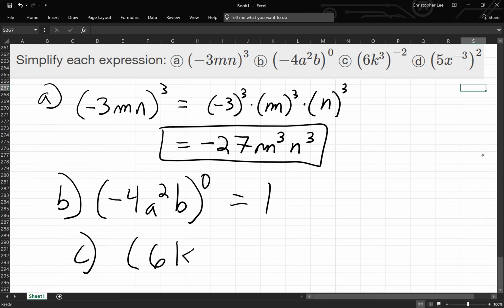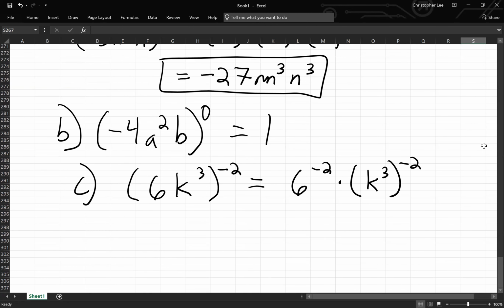All right. So how about this? We have 6K to the third power, all raised to the -2 power. What's going to happen here? All of the factors are going to get that power. So we have 6 to the -2, and then we're going to have times K to the third power raised to the -2 power.